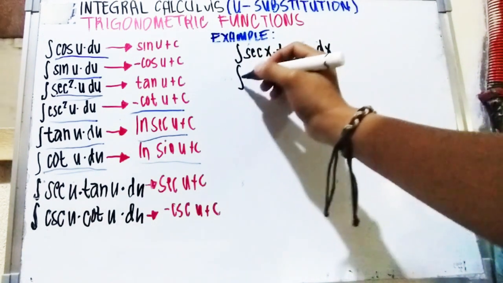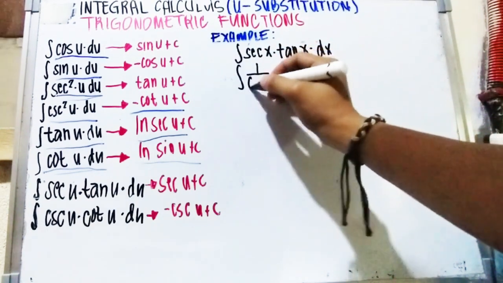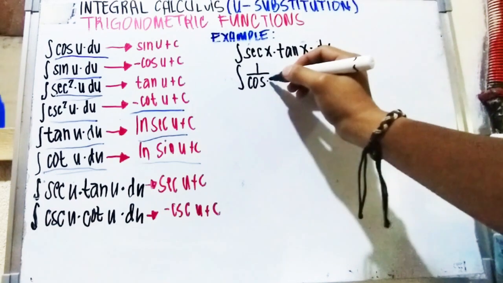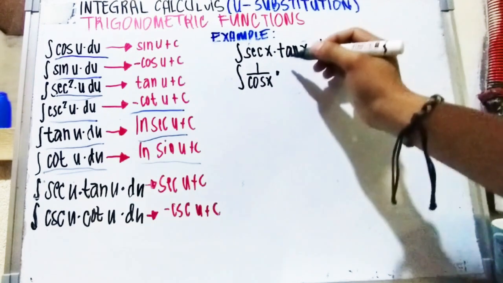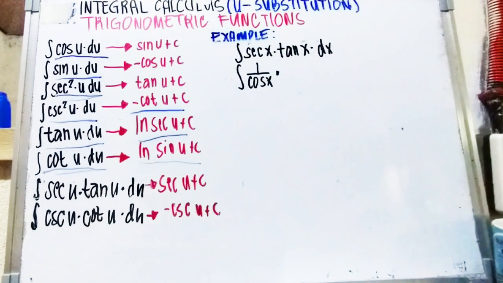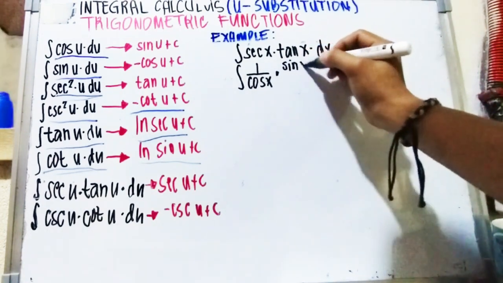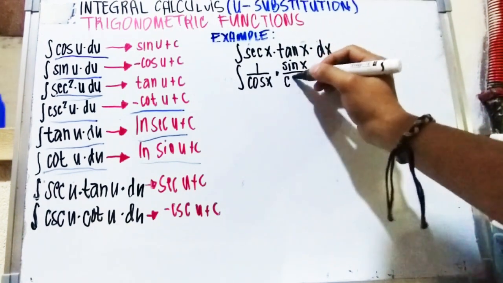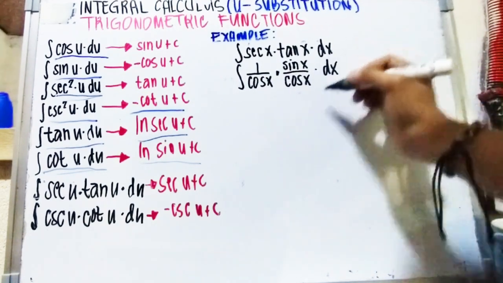Pwede nating sabihin na yung sec x is 1 over cosine x. Diba yung mga trigonometric identities natin? Your secant is equals to 1 over cosine times yung identity ng tangent x, pwede nating sabihin na sin x over cosine x dx.